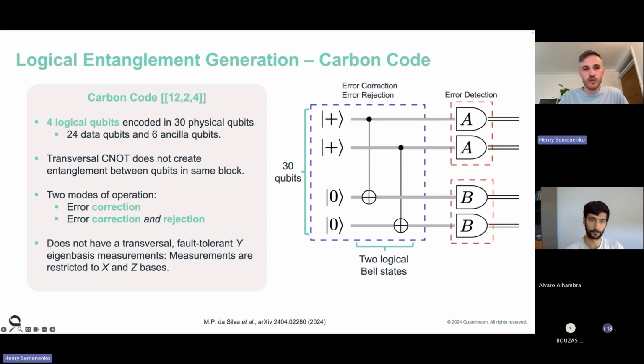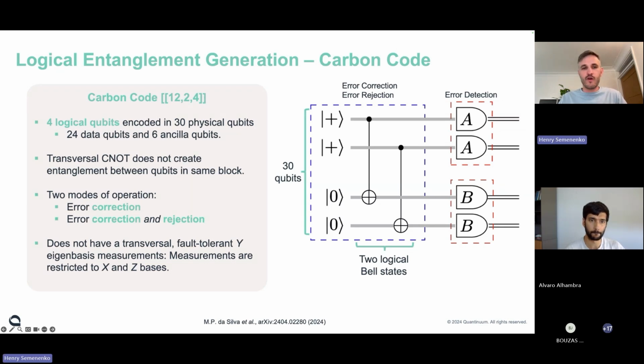In the second mode of operation, we can do error correction and also error rejection. The way that the error correction is performed is that we look at the likely Pauli errors to have occurred, but in certain cases, the syndrome measurement will be ambiguous.